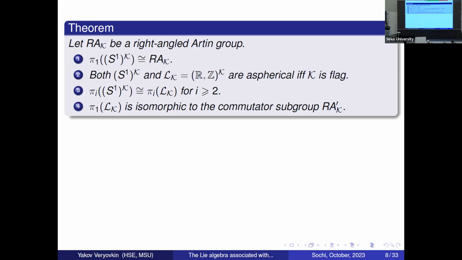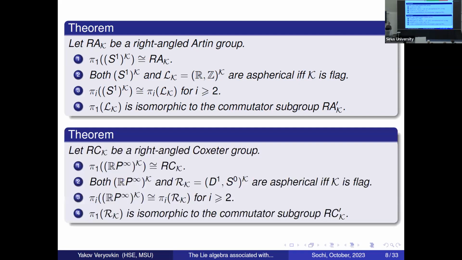All higher homotopy groups of S^1 K are isomorphic to the higher homotopy groups of L K, and the fundamental group of L K is isomorphic to the commutator subgroup of the right-angled Artin group. And we have a similar theorem for the right-angled Coxeter group.